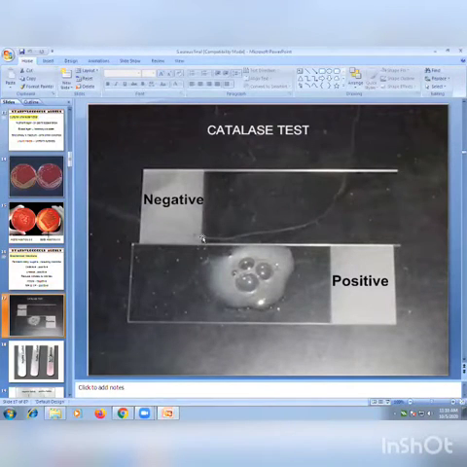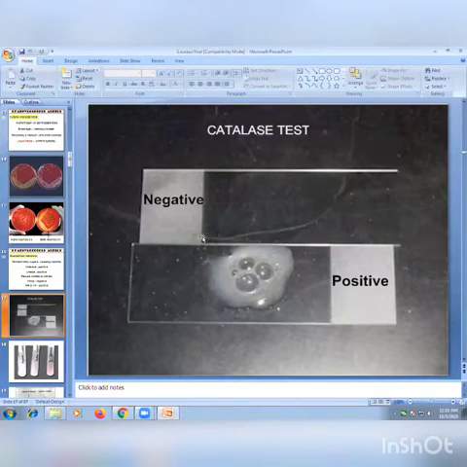Now, the catalase test. It is a very easy test; we also covered it in the last lecture on identification. The reagent we are using is H2O2, hydrogen peroxide. Take a drop of H2O2 onto the slide, pick up a colony with another slide, and just dip. Air bubbling indicates a positive test.